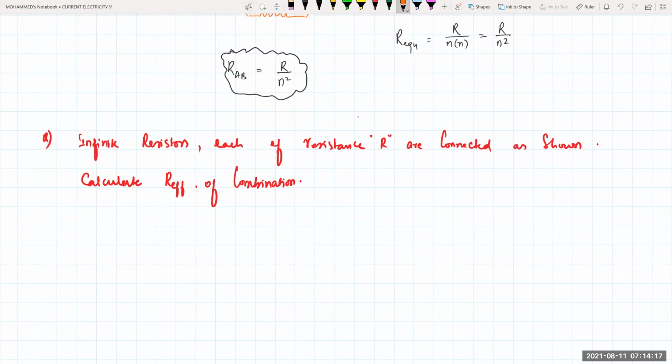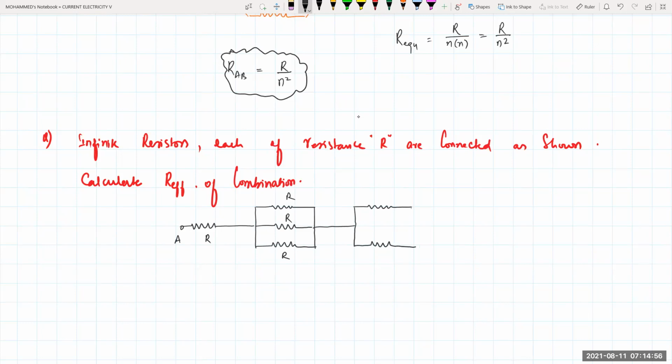Given diagram is something like this. There is one resistor here. There is another resistor right now here. This one is your R, this one is your R, this one is your R, and this one is also your R. This is a terminal A. So there is one more resistor connected like this, and one more resistance here.